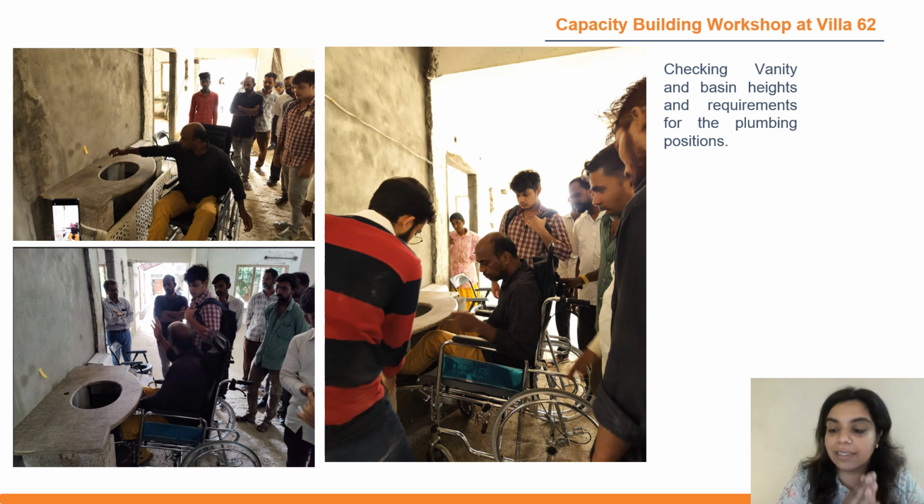One more very interesting thing that came up during this process is when we started speaking to Mr. Vinith about the same: where should the tap be, what should the tap height be for him? How does he use the tap to drink water? These are usually things that we do as per standards. And we understood that in his particular situation, he actually preferred a drinking water faucet where the water would directly come into his mouth rather than him trying to use his hands to collect the water and put it in his mouth, because he was not able to move his hand up and forward.